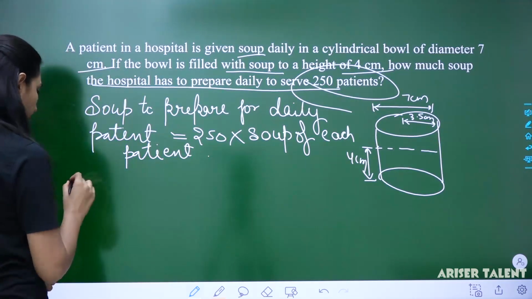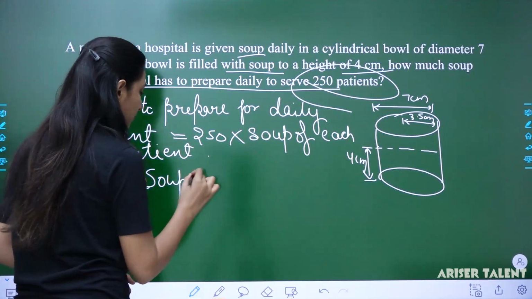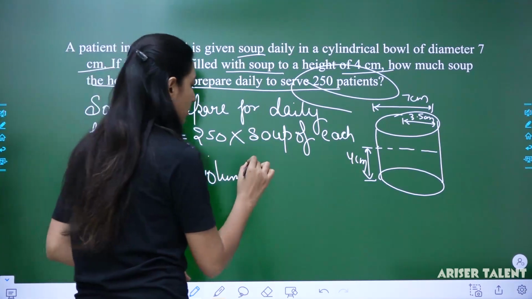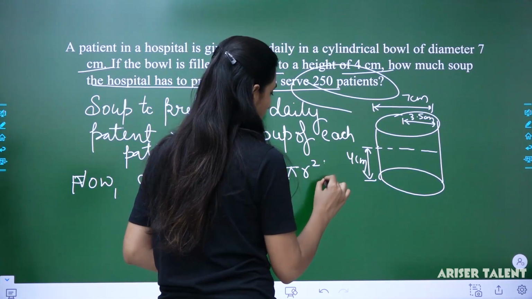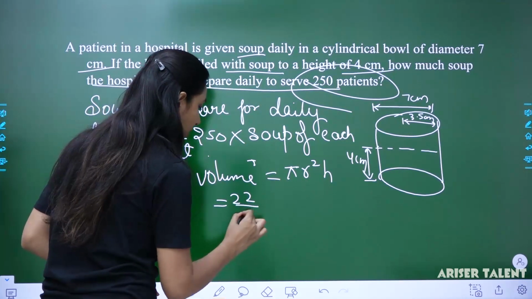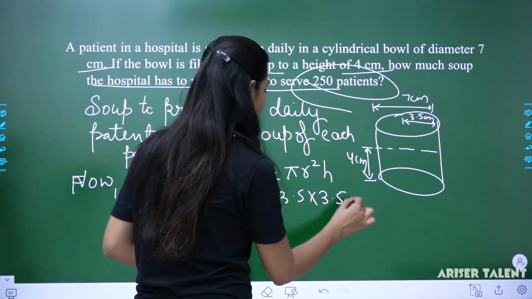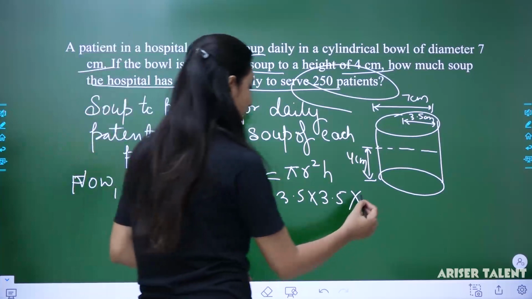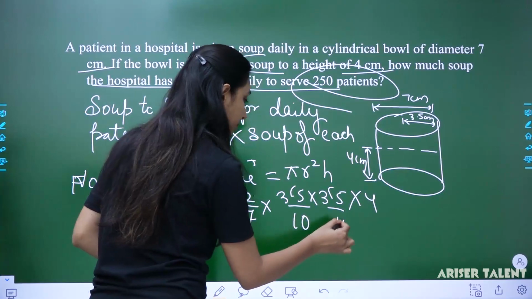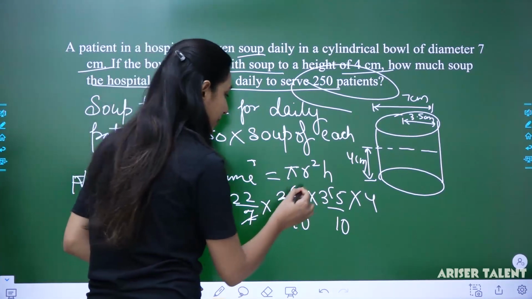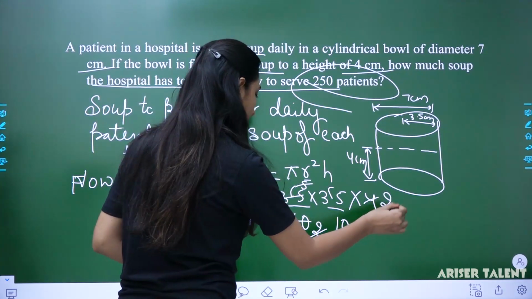Now, soup volume is equal to pi r square h. Here pi is 22 by 7. R is given as 3.5 centimeters, multiplied by 3.5 centimeters square, and the height is 4 centimeters. So remove the zeros here. 5 times, 2 times, 2 times.